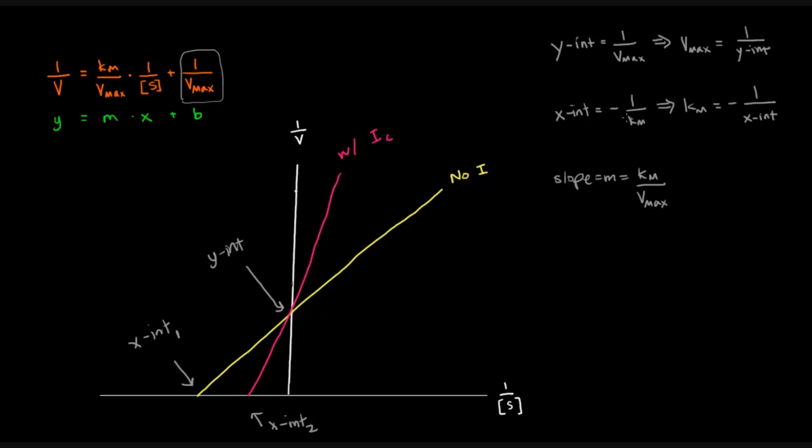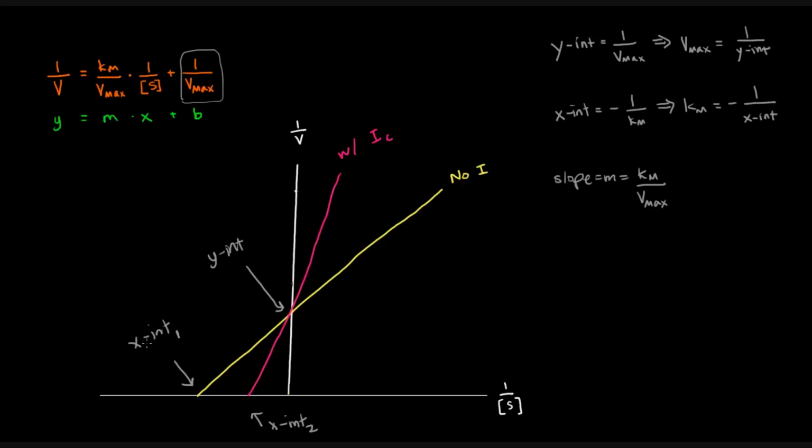The Km increased. Now, if Km increased, that means the x-intercept is going to be smaller. If we're dividing by a bigger Km, we're going to have a smaller x-intercept. And of course, that's smaller in magnitude, so in terms of its distance away from 0.